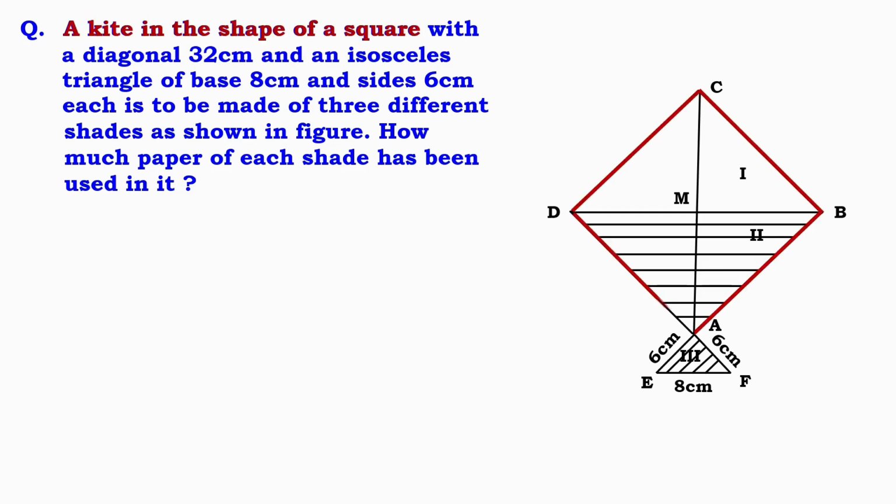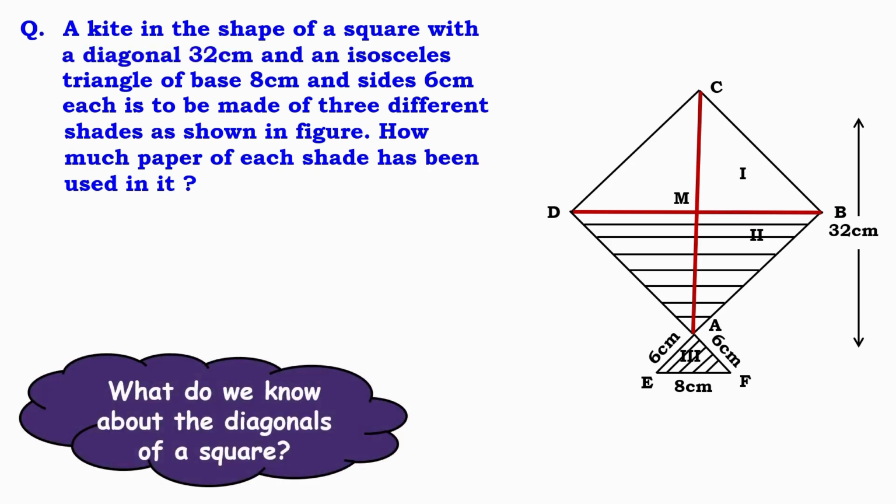So here a kite-shaped figure is given, which is in the shape of a square. And in this square, what is given? The diagonal is given, 32 centimeter. So what do we know about the diagonals of a square?